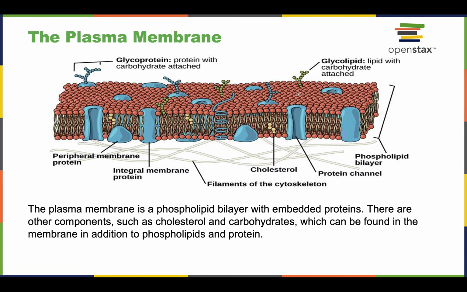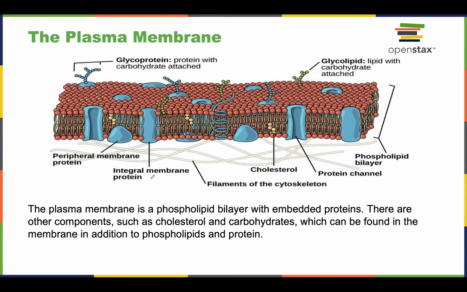Now, a cell's plasma membrane isn't only phospholipids. It has a lot of different things in it. It has proteins that are embedded into the plasma membrane, and also proteins that are sitting on either side, inside or outside the cell. The proteins that span across the membrane are called integral membrane proteins.